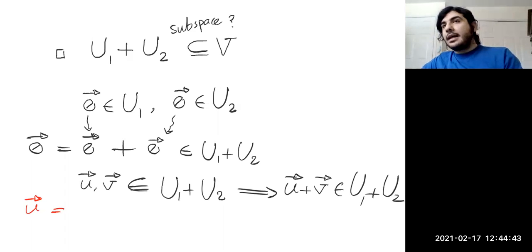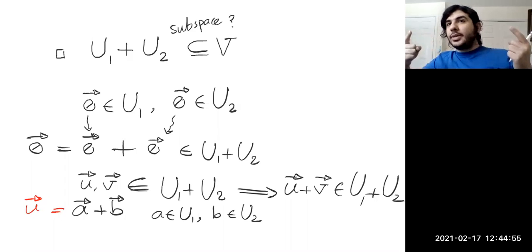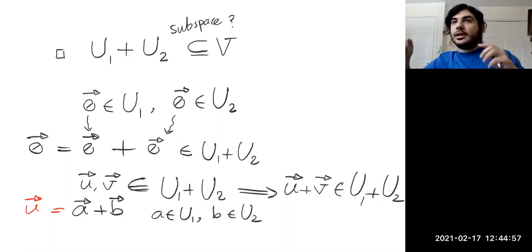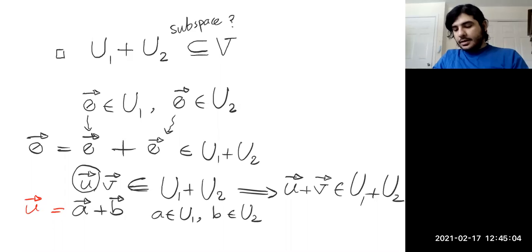So U itself can be written as, say, A plus B, where A is in U1 and B is in U2. I call them A and B.